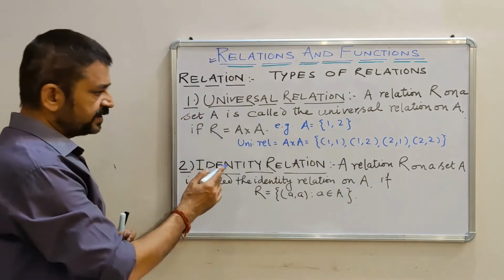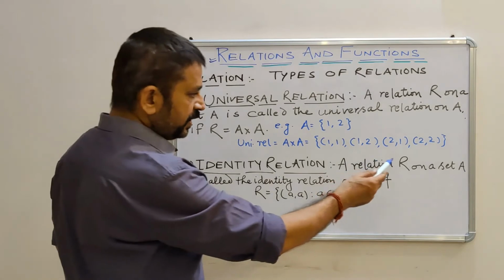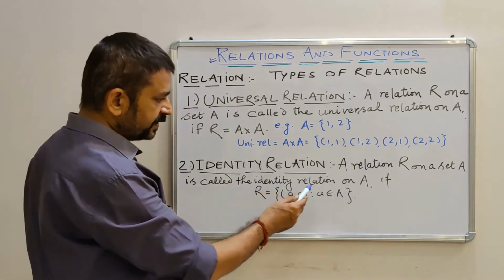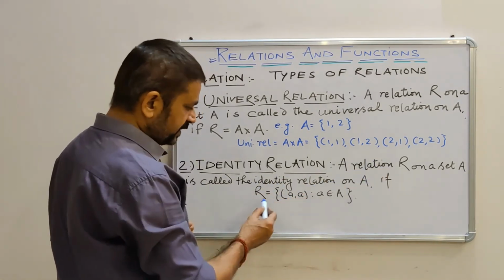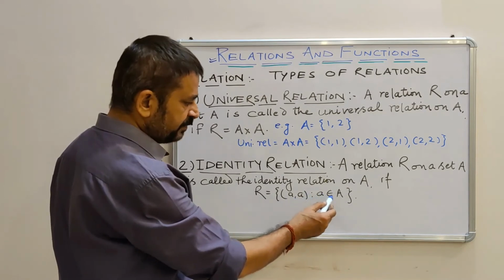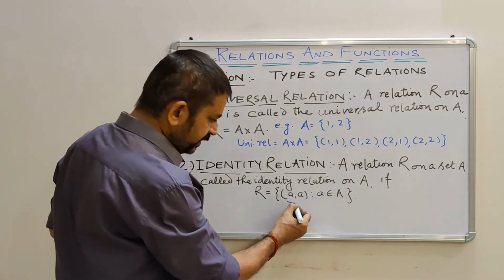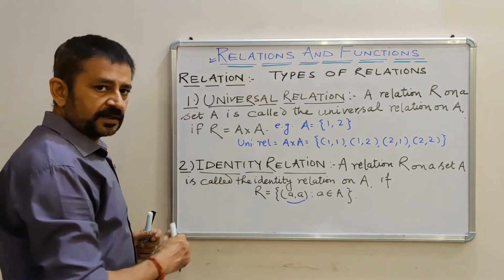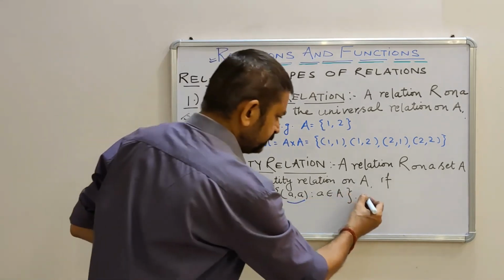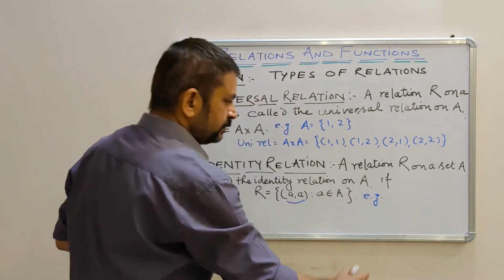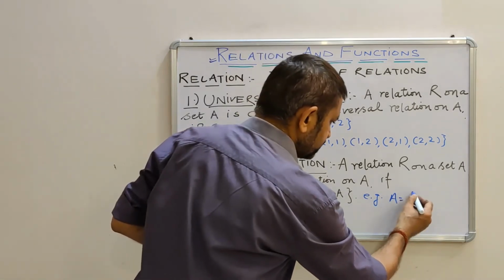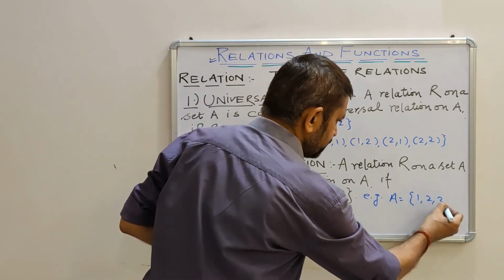Now the second one is identity relation. A relation R on a set A is called the identity relation on A if R is equal to {(a, a)} such that a belongs to A. It means (a, a) type elements are there in R. For example, suppose set A is given as 1, 2 and 3.